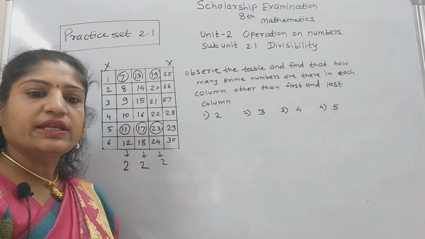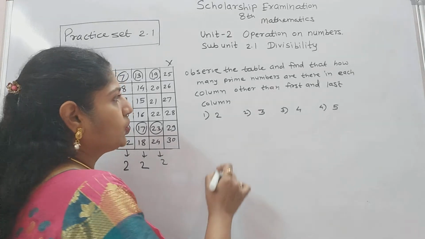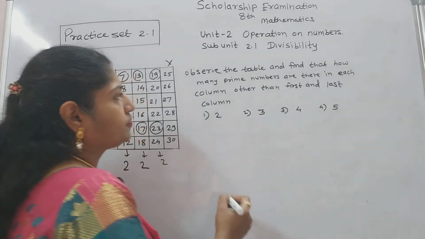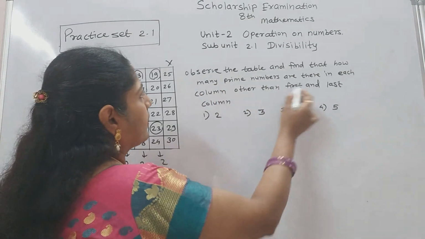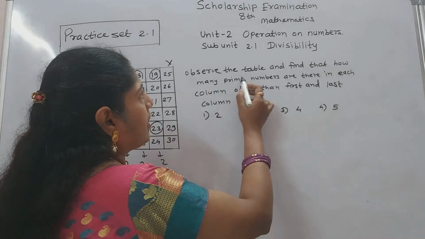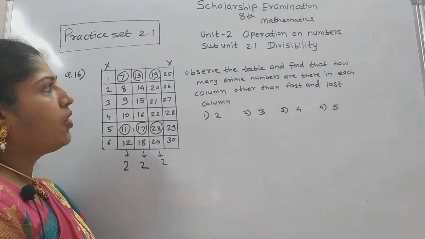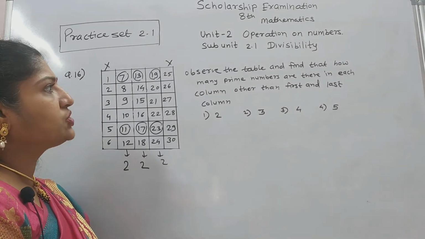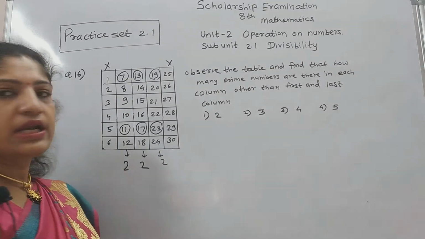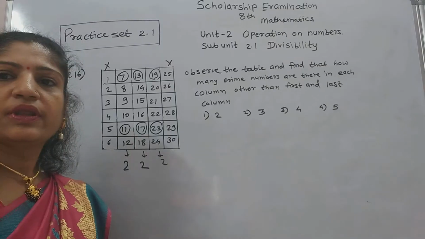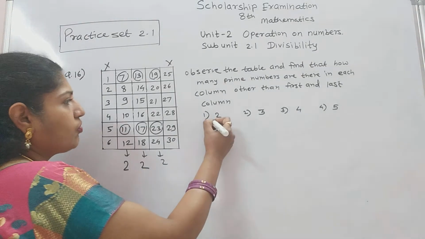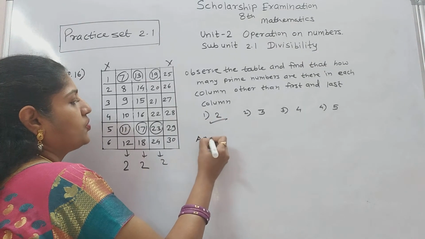In each column there are only 2. So the number of prime numbers in each column other than the first and last column is option number 1. Answer is option number 1.